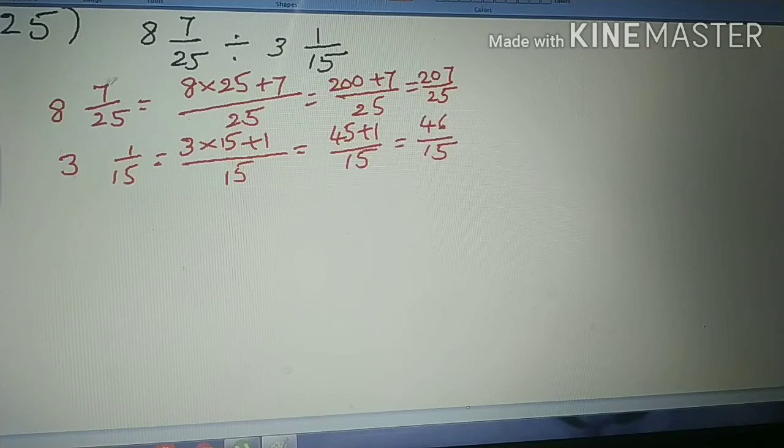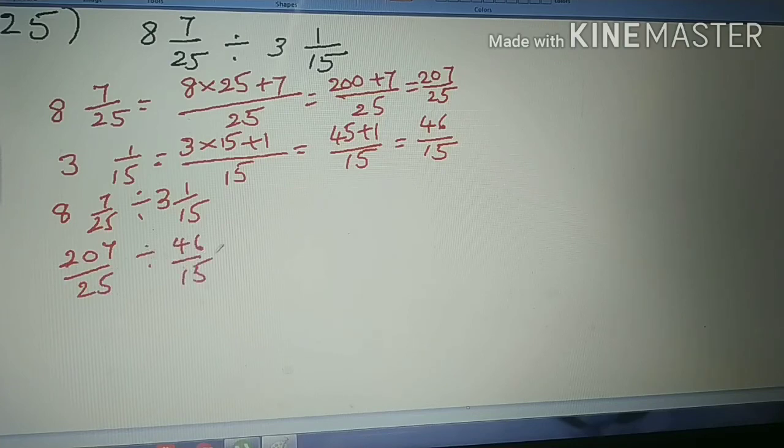Now write, instead of these mixed fractions, the corresponding improper fractions. What is our problem? 207 by 25, that is divided by 46 by 15. Whole divided by 46 by 15.